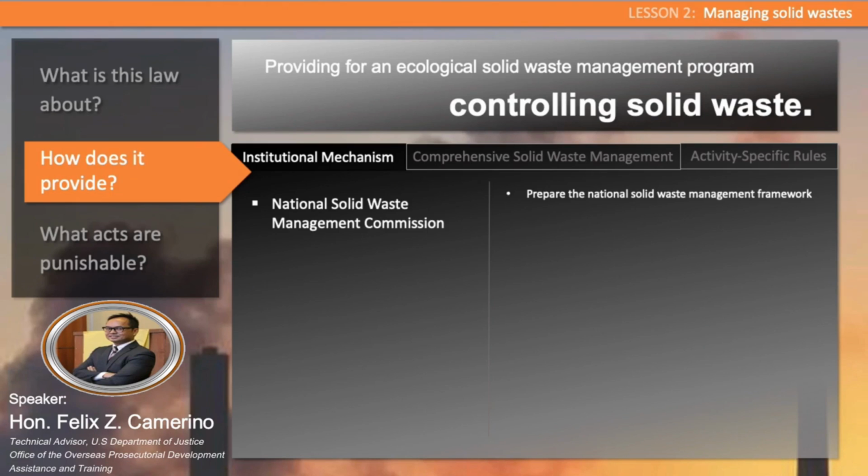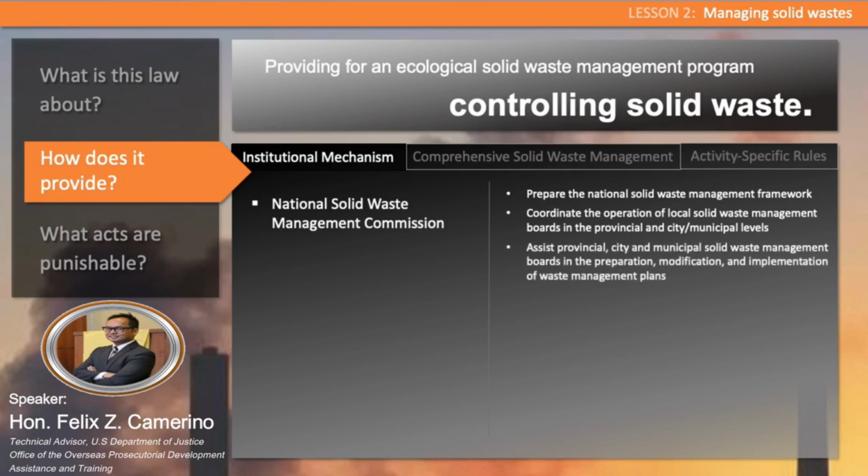Okay, so what else? They coordinate the operation of local solid waste management boards. So this speaks of multiple boards, okay, that are partly involved in controlling solid waste. So this commission is the central coordinator in terms of the operation of those various boards. Okay, what else? They also provide some assistance to local governments.